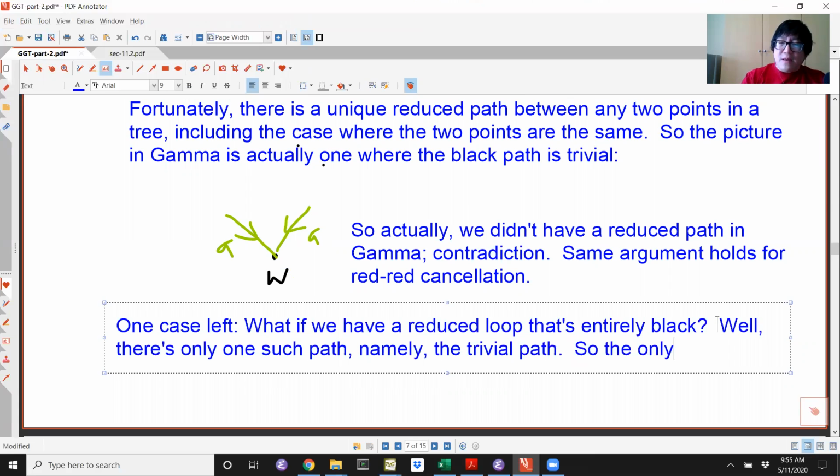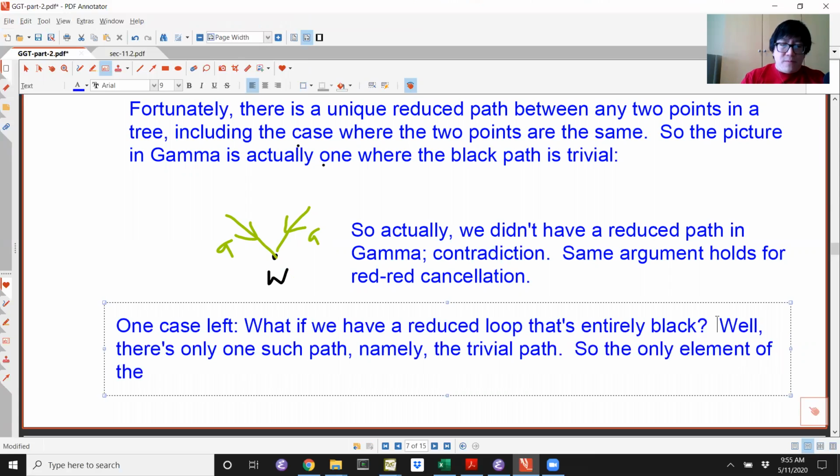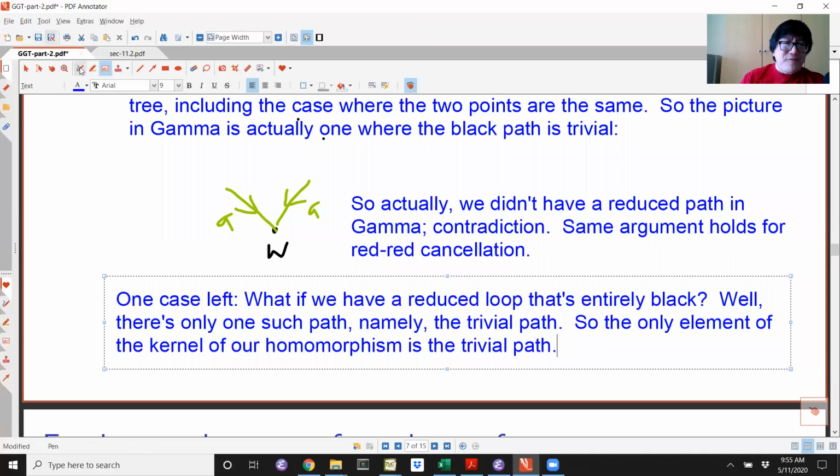So the only element of the kernel of our homomorphism is the trivial path. I think that's actually a proof.